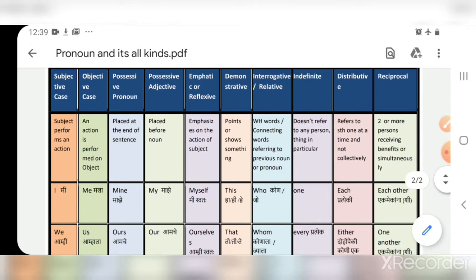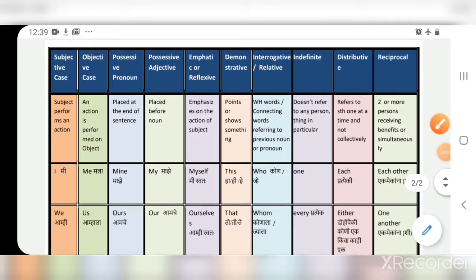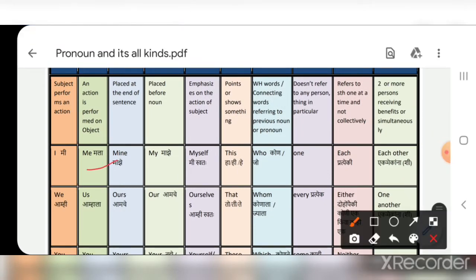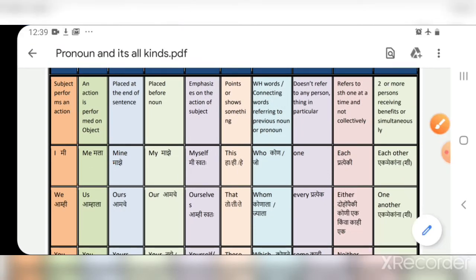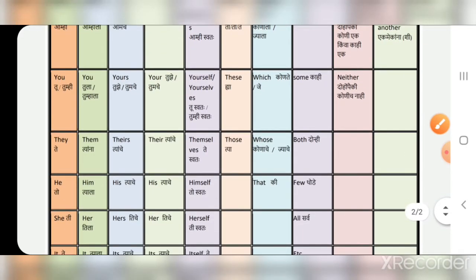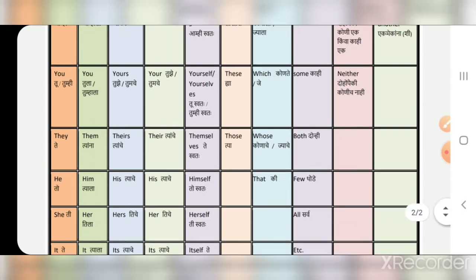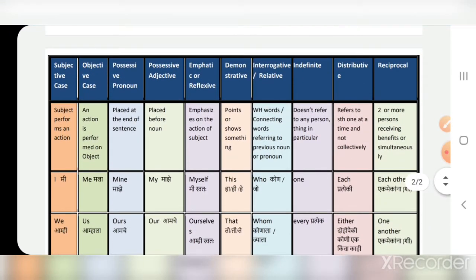Direct objects can also be some non-living thing. Me, us, you, you, them, him, her, or it. They are objective case pronouns. They are used as objects.